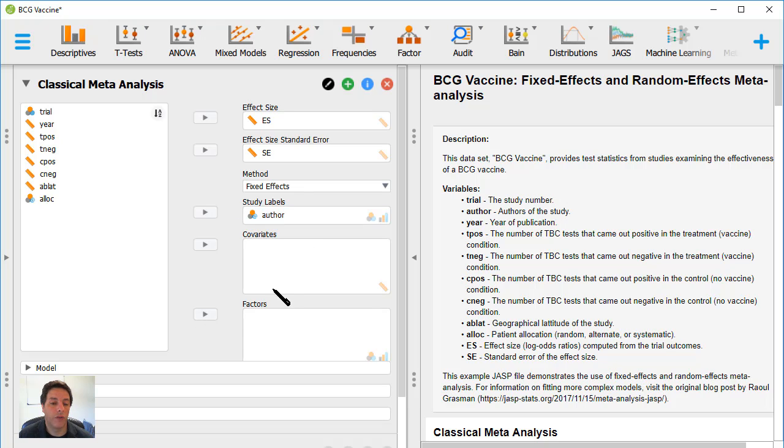And as I said, covariates and factors: if we believe that one of these variables may affect the effect size, so that at different values of these variables the effect size will be different, then we use it as a covariate if it is a numerical variable, or a factor if it is a nominal variable.